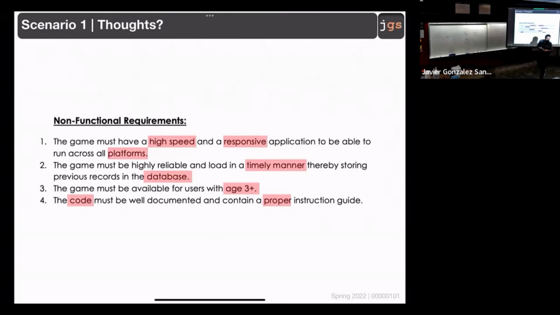So when you say run across all platforms, is that not required? Because it's not specifying what. The thing that I mentioned there is it can be a requirement to run on platforms. It's a portability requirement, but you need to fix what it means. It doesn't mean all platforms.